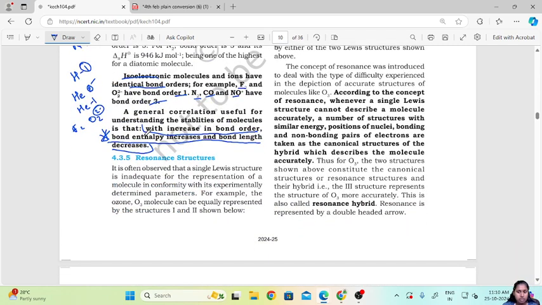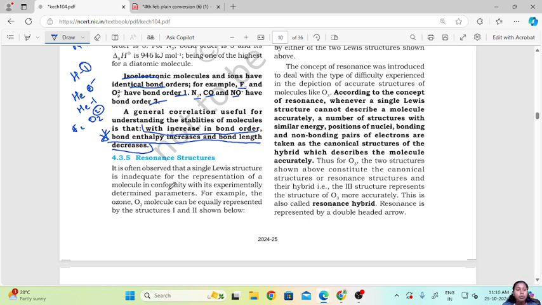Next is the resonance structure. Now, it is often observed that a single Lewis structure is inadequate for the representation of a molecule in conformity with its experimentally determined parameters.